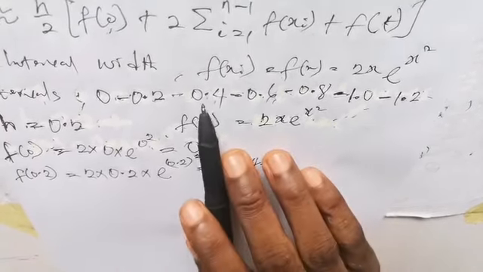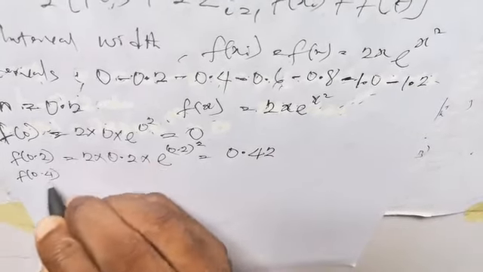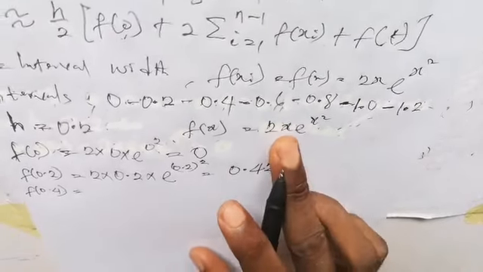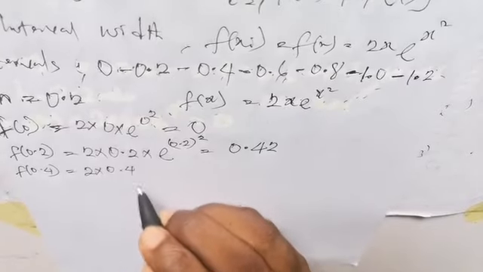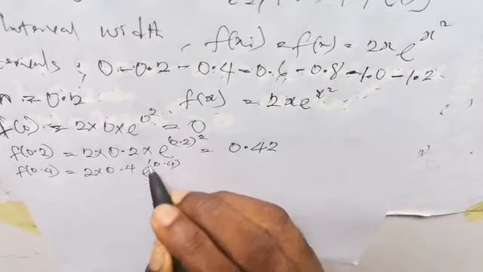Next on the interval is 0.4. So we'll also find f of 0.4. Wherever you see x in the function, put in 0.4. So we have 2x, that becomes 2 times 0.4 times exponential of 0.4 all squared. I'll compute all of them together just to save time.